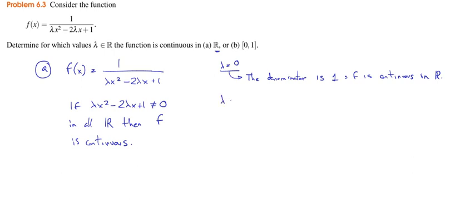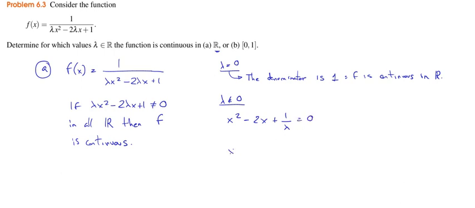If lambda is different from 0, then we have a second order polynomial. We can try and compute its roots. Where is this going to be 0? So we have x squared, we divide everything by lambda, so that we have minus 2x plus 1 divided by lambda, equal to 0.